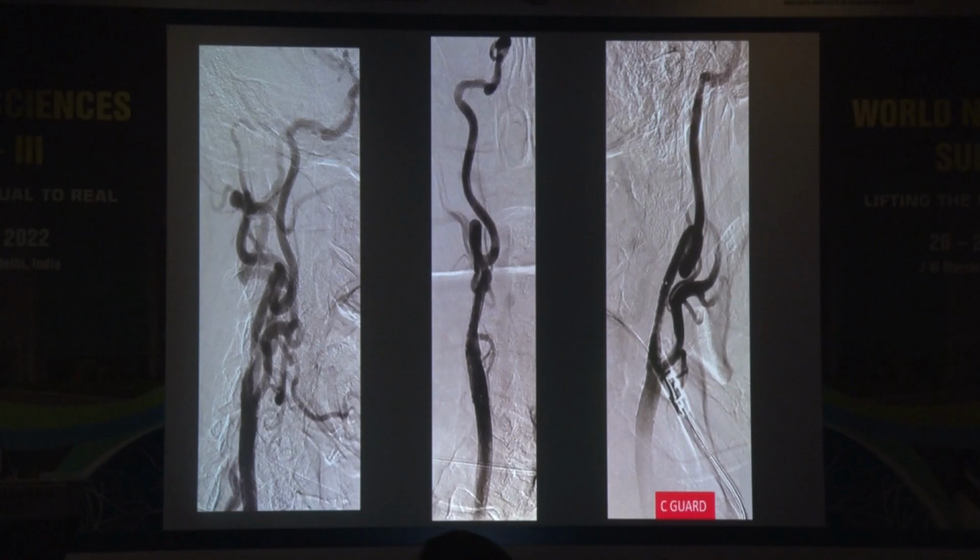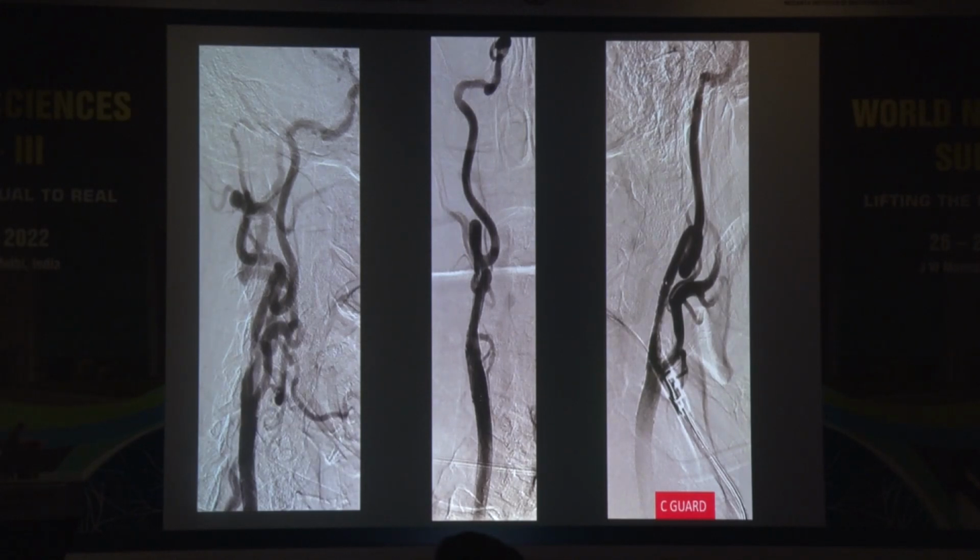What typically happens is that most of the embolism during carotid stenting happens when we are doing a post-stenting angioplasty. The stent is here, then you inflate the balloon, you are crushing the stent into the plaque, and that's the time the plaque will protrude through the stent and can cause distal embolism.